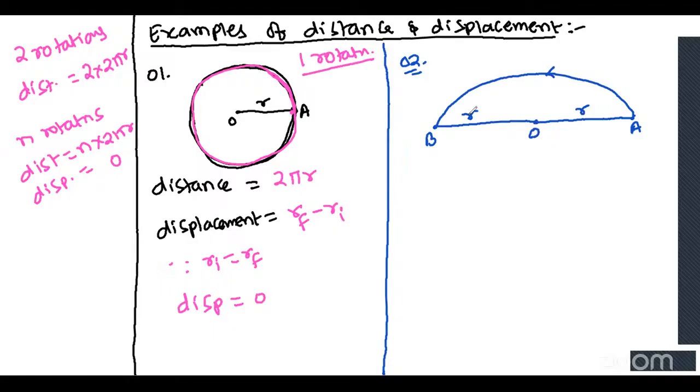Okay, fine. Now, that means distance equal to path traveled by particle, that is A to B. It is just like circumference of a semicircle.